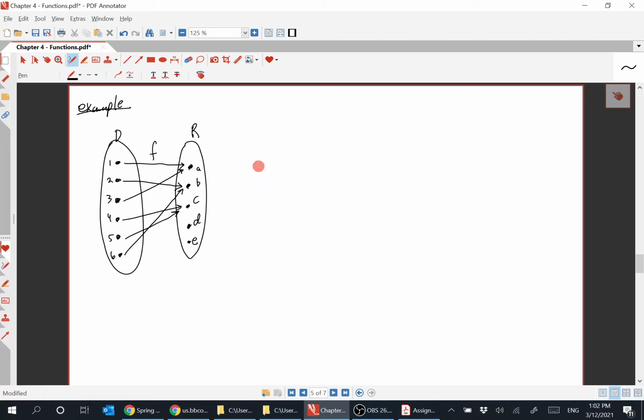Let's say A is equal to {b, c}. Then the preimage of A is equal to what? It's all the stuff in the domain that goes to little b, little c.